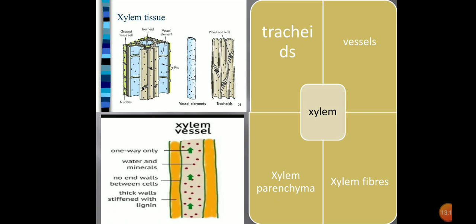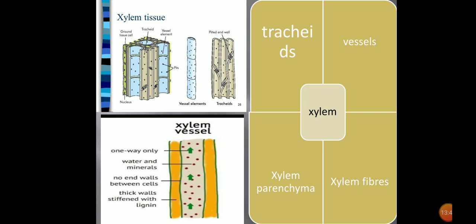Xylem helps in conduction of water and minerals from root to all parts of the shoot. It also provides mechanical support, right? In this diagram you can see the vessels, tracheids and the picture of a xylem tissue, and in the second picture on the left-hand side you can see how the water is moving vertically, right?